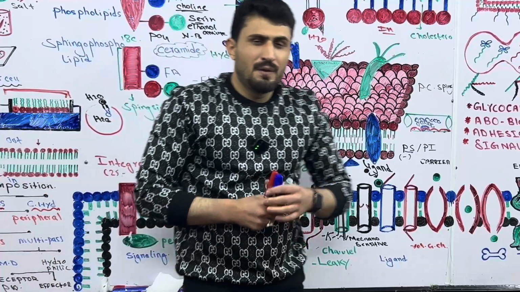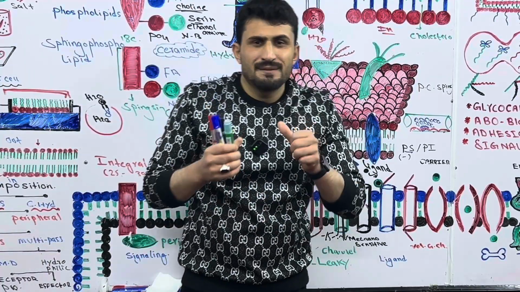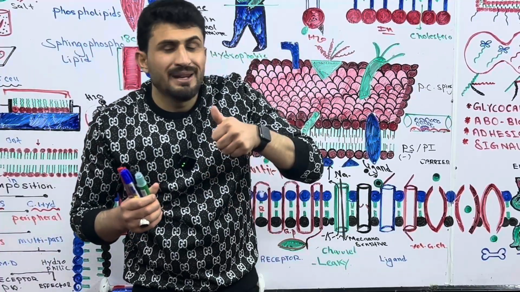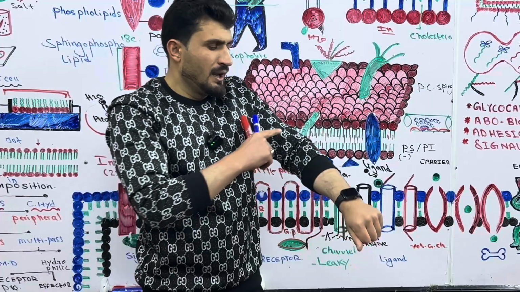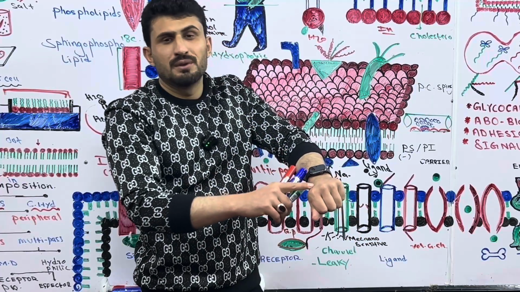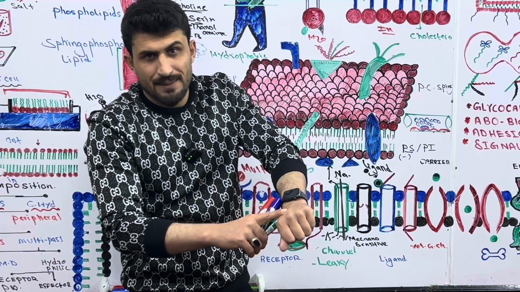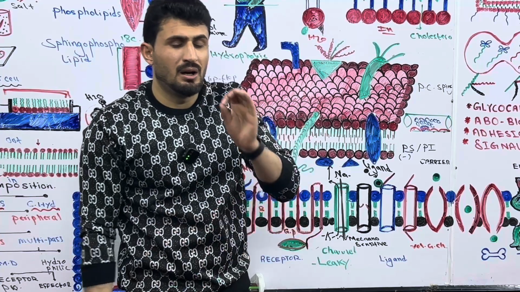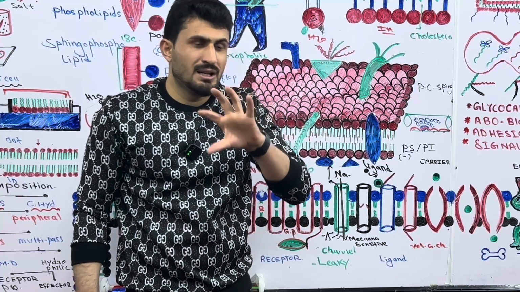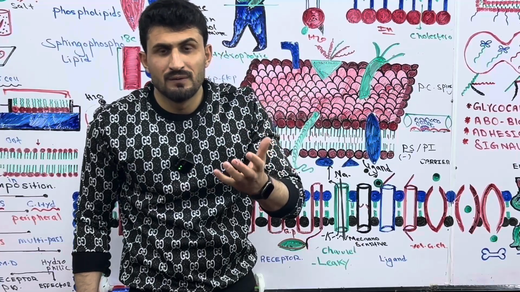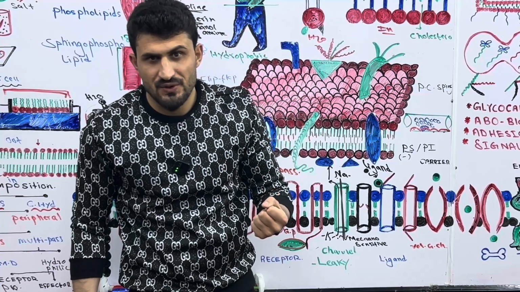It means these channels are sensitive to pressure, to mechanical pressure. For example, we have ends of neurons in our skin, and these are called nociceptors, and these are located in our skin for the purpose of receiving pain.